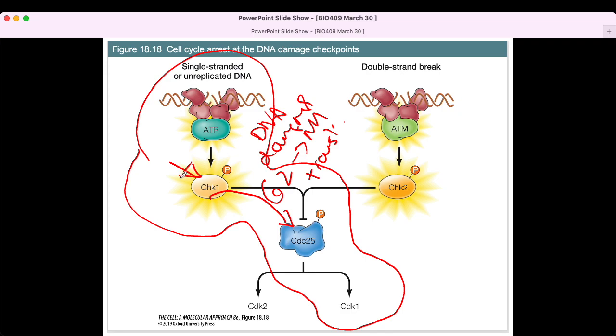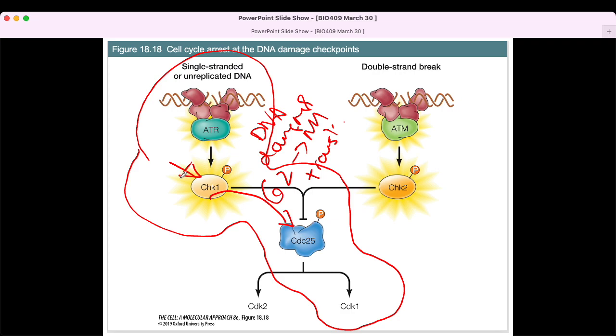Let's see. Brooklyn had a question. So CDC25, it inhibits or it activates CDK1 down the line, or is that just like? Yes, this is like a timeline pathway and a cause and effect relationship pathway, upstream and downstream. We talk about steps like that.